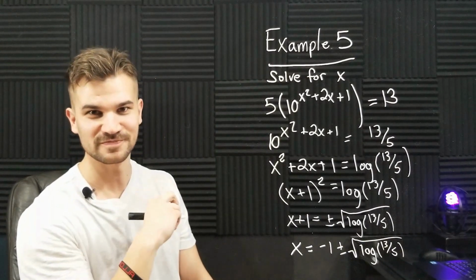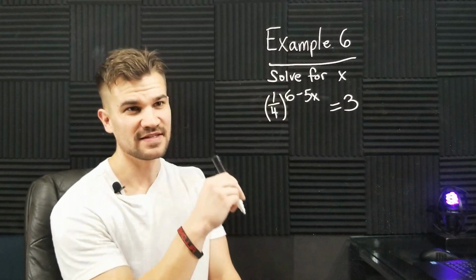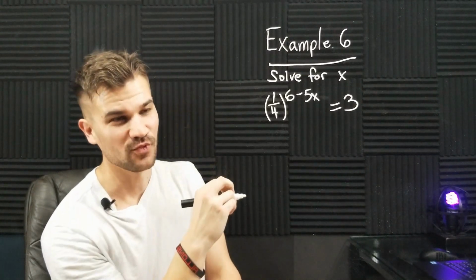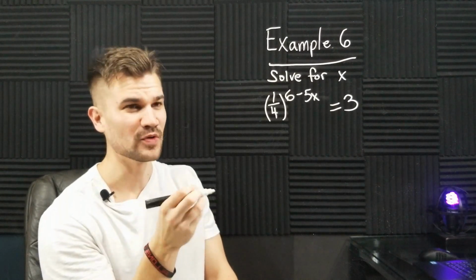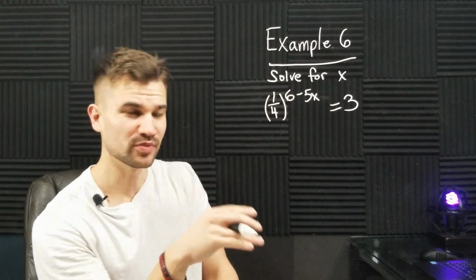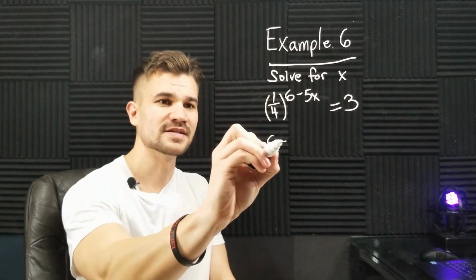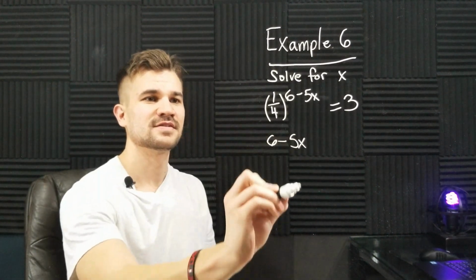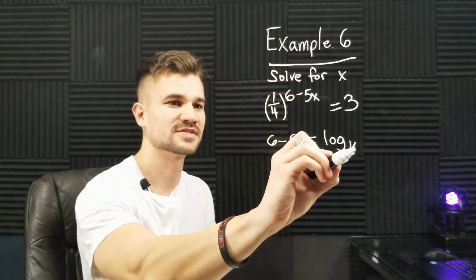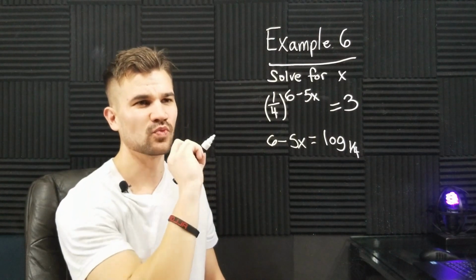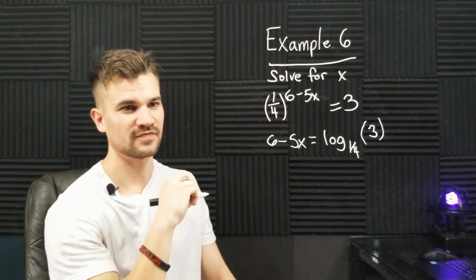And there's our solution. All right, we got 6 minus 5x, and that's being exponentiated with a base of 1/4. So we take the log base 1/4 of both sides. It sounds stupid, but it's perfectly legit. So we're gonna get that 6 minus 5x equals the log base 1/4 of 3.